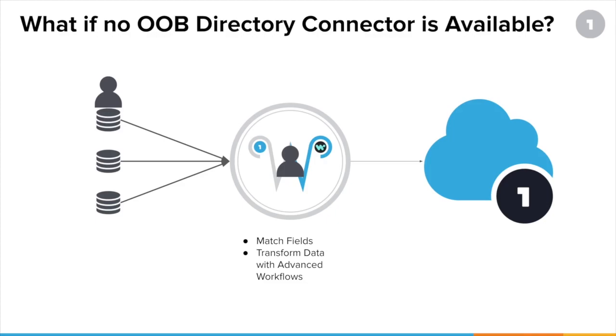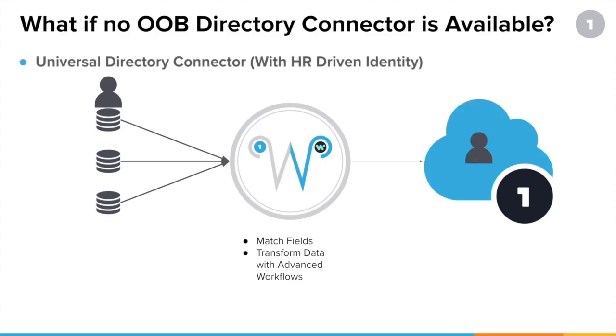Once we do whatever is necessary, either just matching the fields or possibly transforming the data along the way, then the user will be created over in OneLogin. Again, remember that Universal Directory Connector is part of the HR-driven identity feature. Advanced workflows, that's a little extra on top of that.